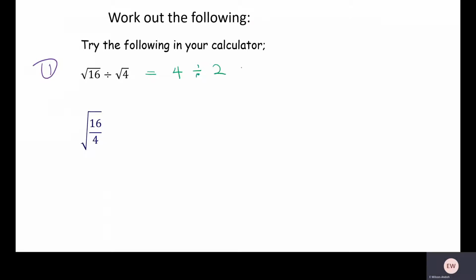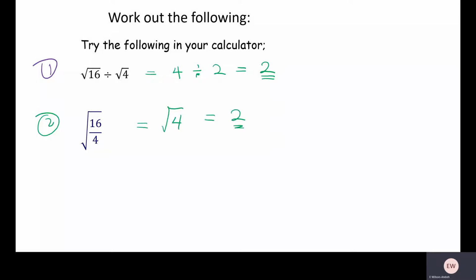So 4 divided by 2 is equal to 2, so we have 2 as our final answer. In the second question, we have 16 over 4 all in a square root, and 16 divided by 4 is 4, so this is equal to root 4, and root 4 is equal to 2.